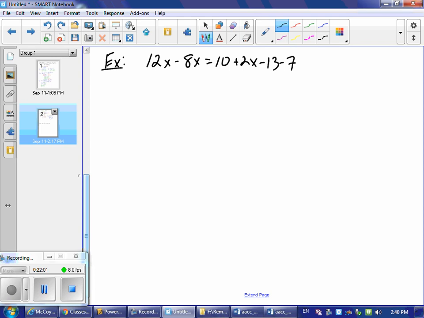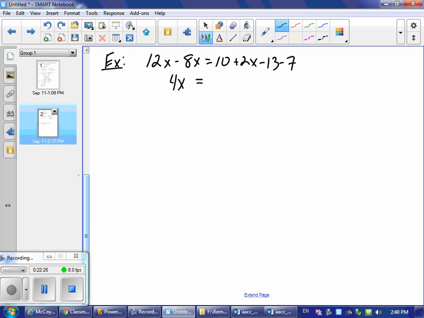Again, the first thing to do is to simplify both sides of the equation by combining whatever like terms you might have. On the left side, I have 12x minus 8x, which remember is the same thing as 12x plus negative 8x. So I start at 12x, which is positive. Then I'm going to come back 8x to the left, which is going to give me 4x's left over.